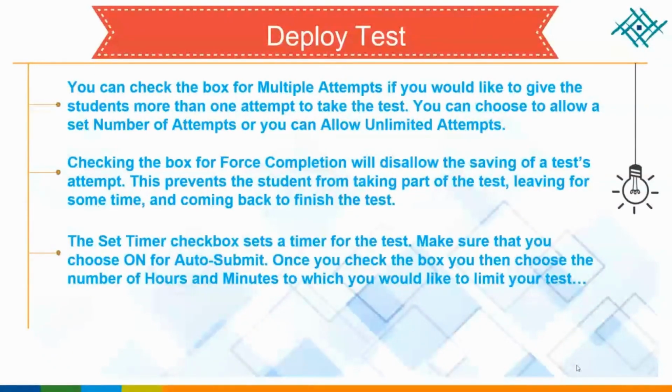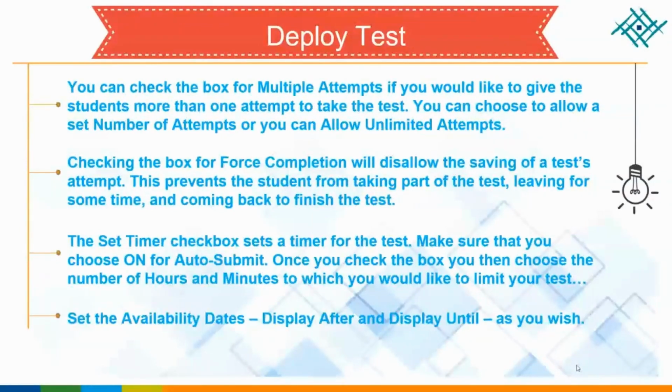And you have to set the timer. Check the box, set a timer for the test. Make sure that you choose on for auto submit. And once you check the box, you then choose the number of hours and minutes to which you would like to limit your test.